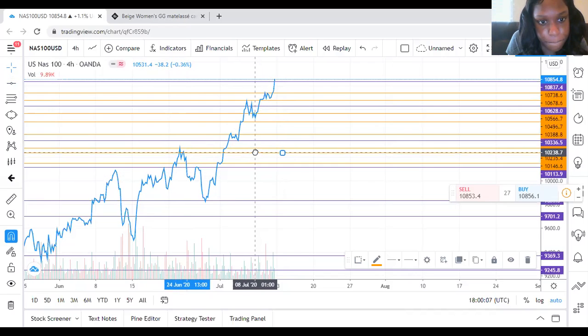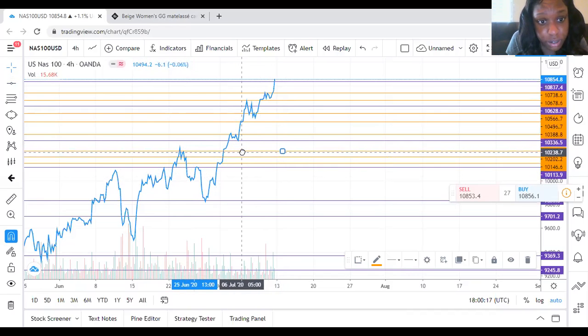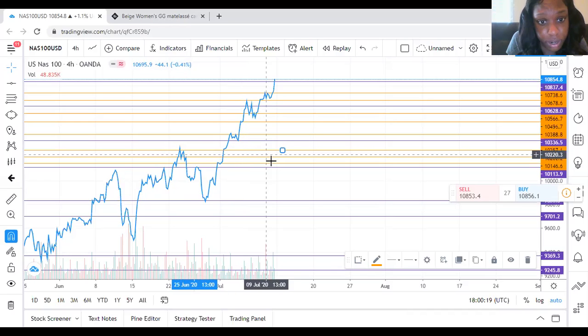Put it right here. As a matter of fact, when it hit here, it fell. So yeah, that's it right there. And I put it right here. Boom.